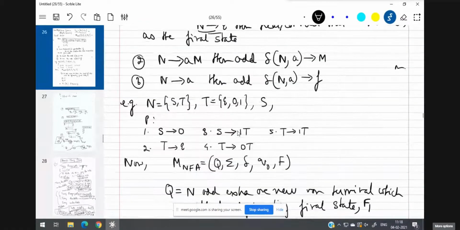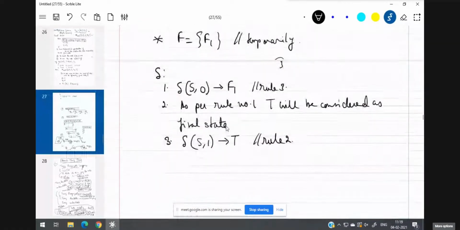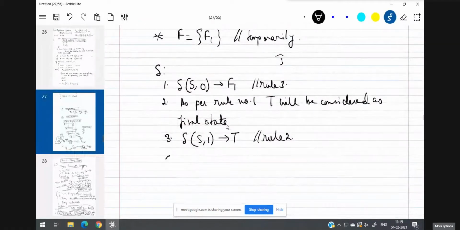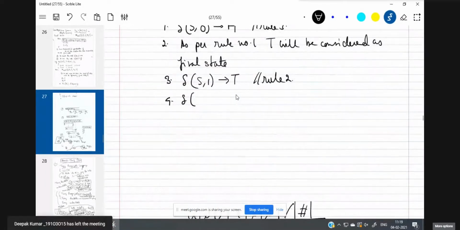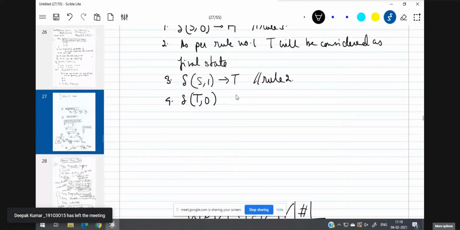And then number 4, similar to this one: T is replaceable by 0 T, so delta of T comma 0 is T, as per rule number 2.